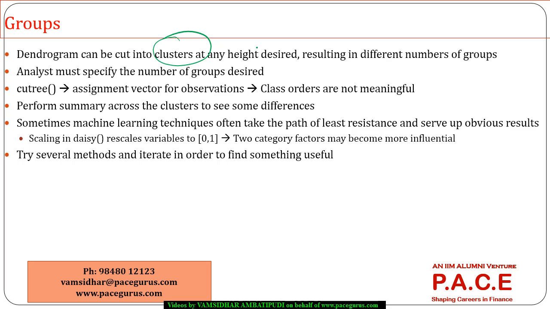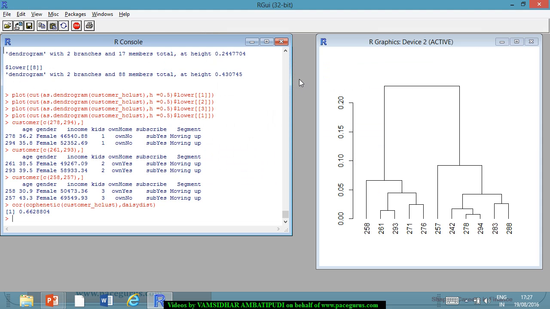When I'm talking about my clustering, I use a function called cutree. Cutree is basically where I am cutting the tree. For the clusters that got created, I have to specify how many clusters I need. I give a variable k equal to 4, k equal to 3, which tells me how many clusters I want.